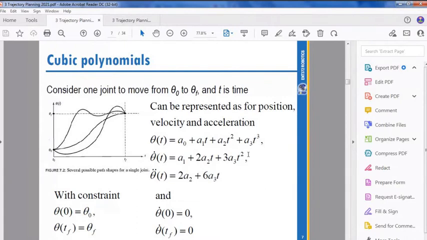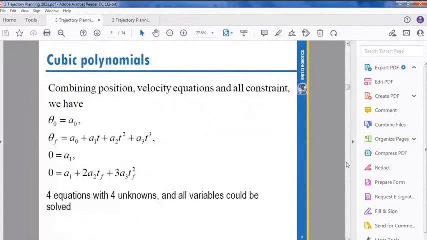So you are left with the equation here, but the result is velocity equal to 0. Although you have all the equations, your velocity is 0. The 4 equations have unknowns, and all variables can be solved.